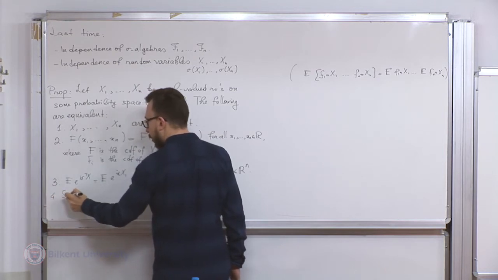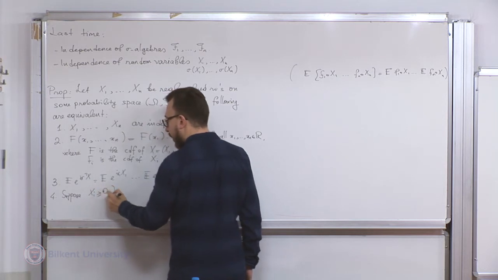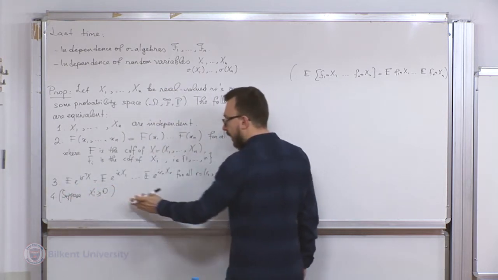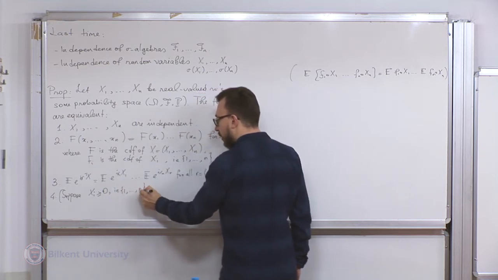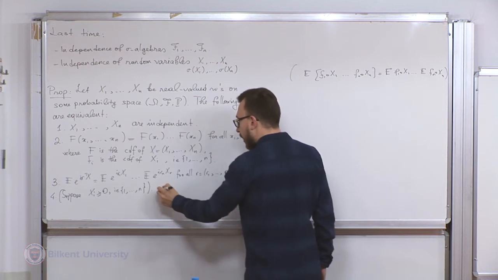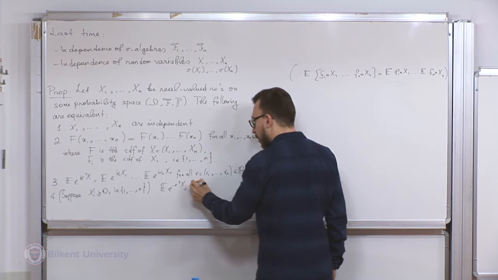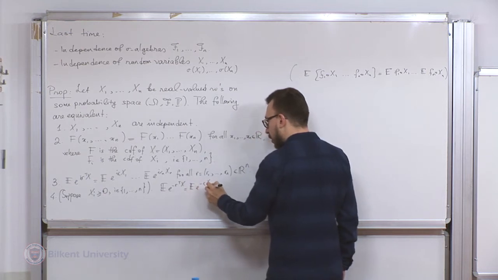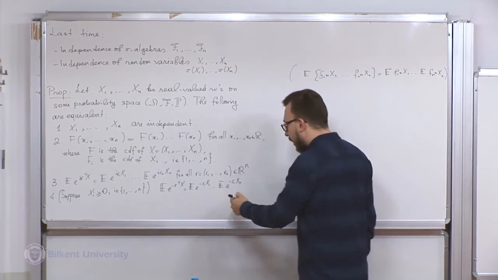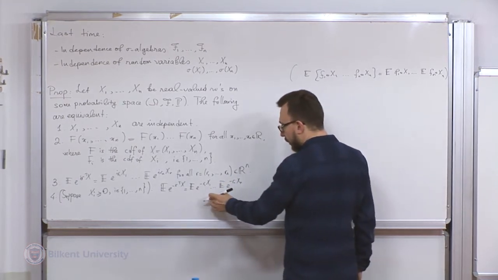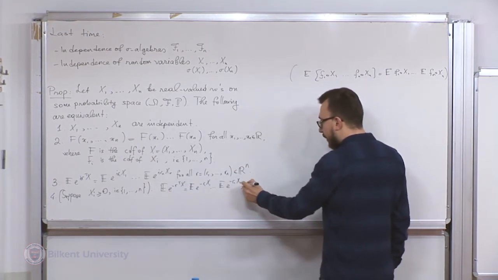So suppose Xi's are positive, okay, for all i. In this case, we can also have the Laplace transforms. So if you can multiply the Laplace transforms of the components to get the Laplace transform of the vector, this means they are independent.